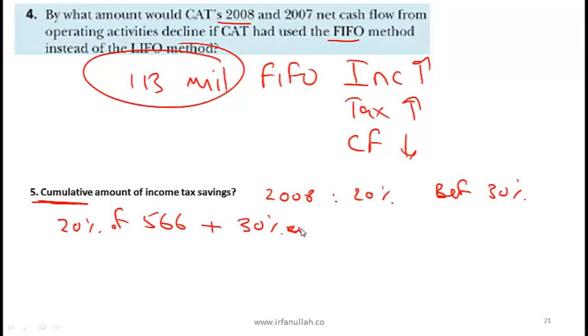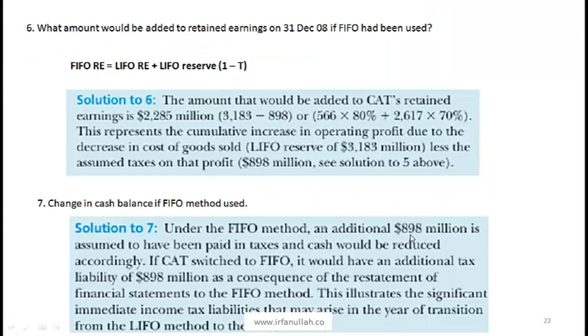So 30% of 2617, you do the math and you will have 898. So 898 million is the taxes that Caterpillar saved by using LIFO. A pretty large sum of money.